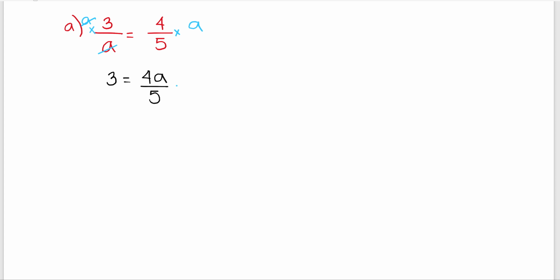I multiply by the inverse of the fraction, 5 over 4, both sides, times 5 over 4. And this 5 goes away with this 5, and this 4 goes away with this 4. So this becomes 15 over 4, which is equal to a.